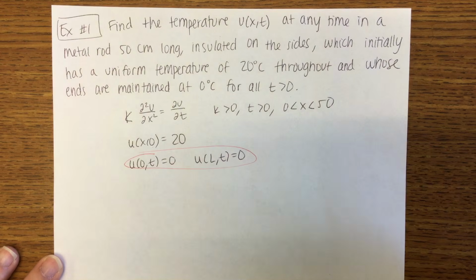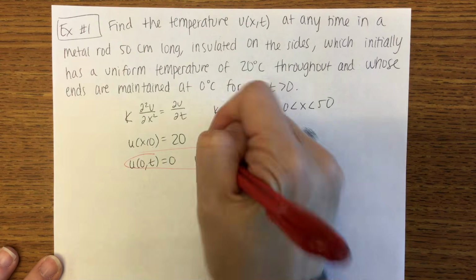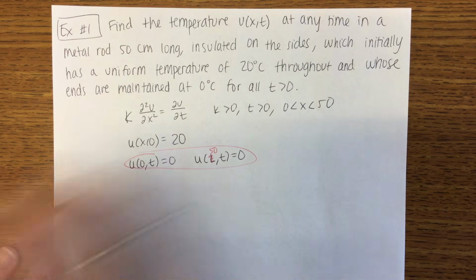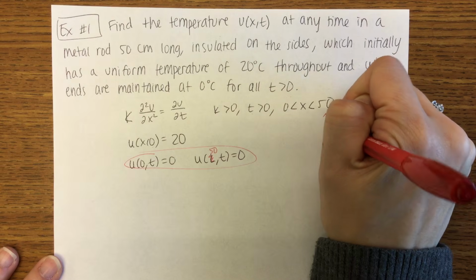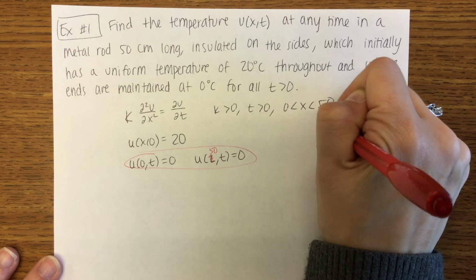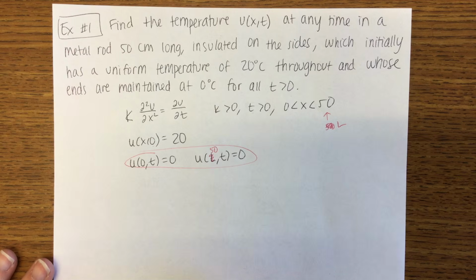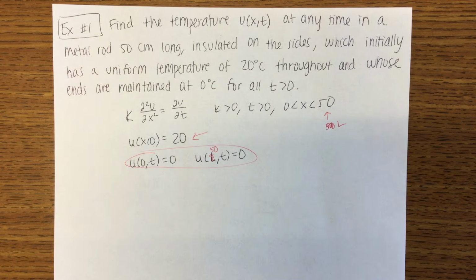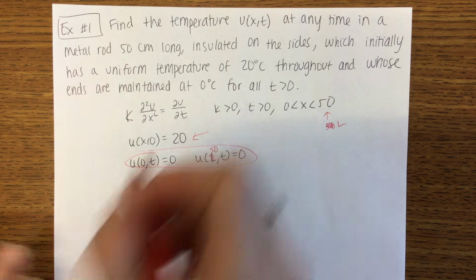Can you put 50 in there for L, or no? Yes, I'm sorry, this should be 50. So this is also 50, or sorry, L, rather. What is that 20? The initial temperature. What was the notation for it from the f of x?